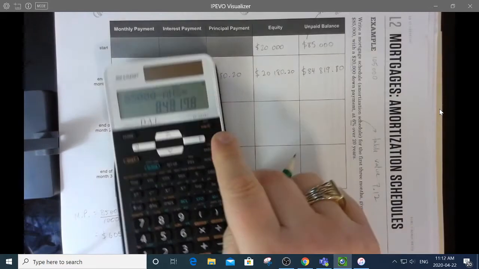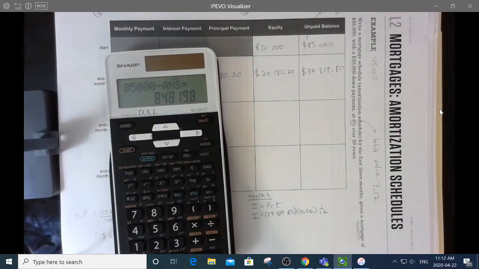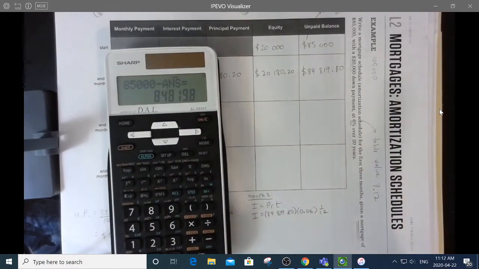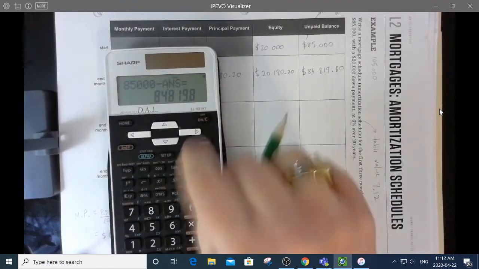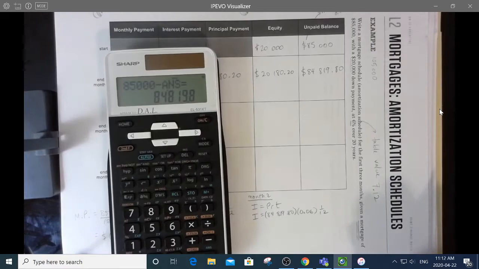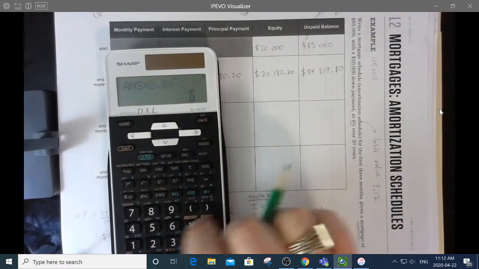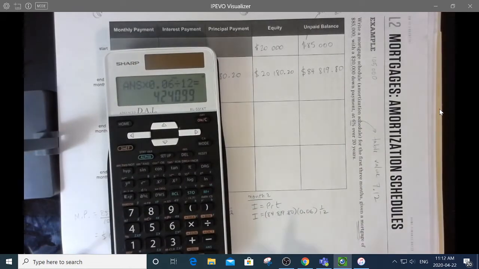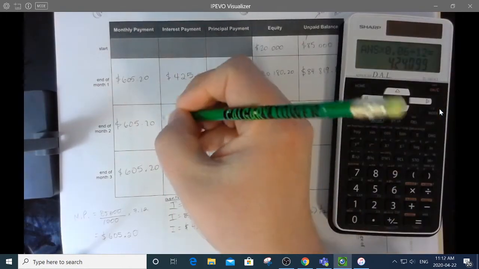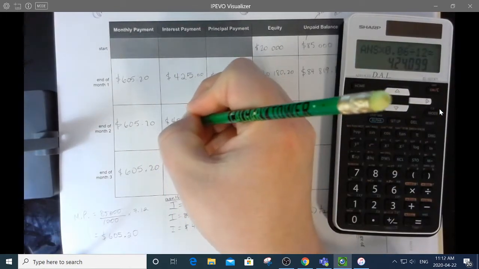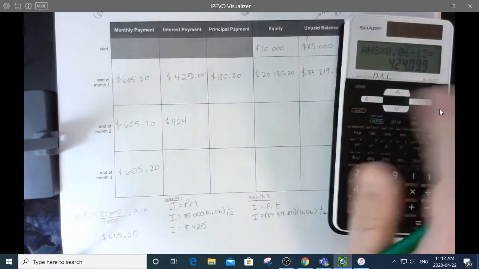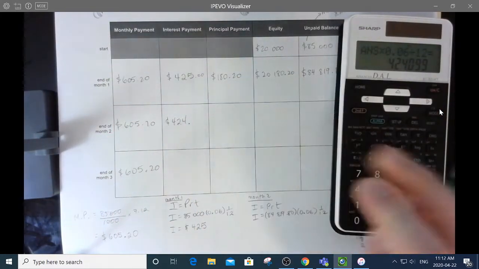So luckily I still have that number on my screen. This is a good example of why you don't erase numbers from your screen. I know a lot of people are in the habit of, oh, I did the calculation and I wrote it down, erase, erase, erase. Don't do that. So that's the number I need, times 0.06 divided by 12. And there we go. What I want you to notice about this number is that not by much, but it's smaller than the previous number.